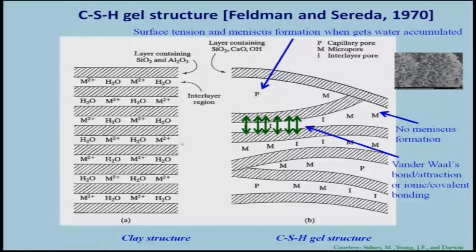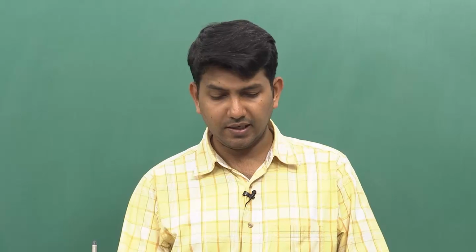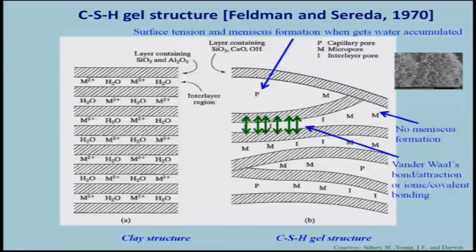The basic assumption in this model is that our calcium silicate hydrate gel is more or less like a clay structure. In the calcium silicate hydrate gel, the main part serves as a layer and you have some water in between, and the pores in between are classified into 2-3 parts. One is the capillary pore, which we have already seen, the other is a micropore, and the other is an interlayer.